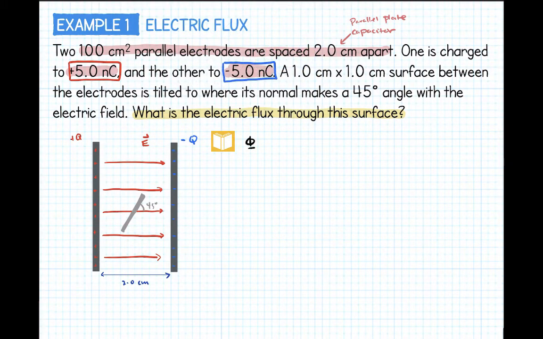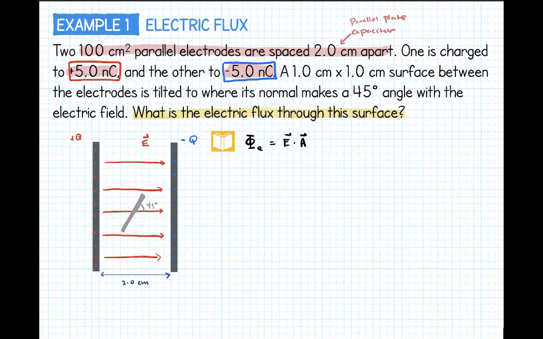So the electric flux, which is this capital phi, is going to be E dot A, and we can write it this way because it's a constant electric field. When it's not a constant electric field, obviously you're going to have to use an integral. But in this case, we know this is a constant electric field because this is a parallel plate capacitor, which by definition has a constant electric field.